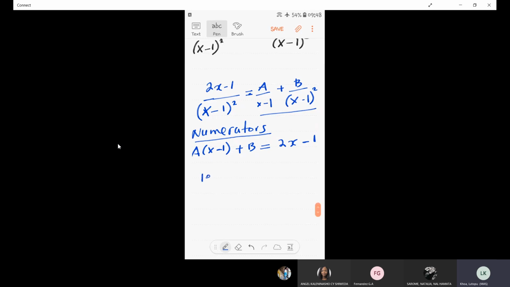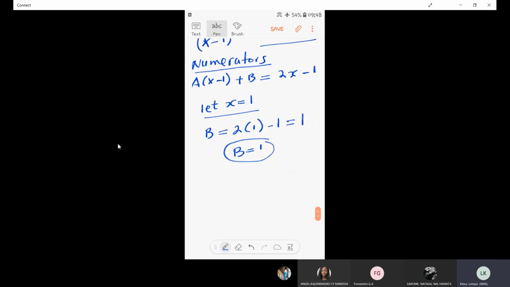So let x equal to 1. Then b is equal to 2 times 1 minus 1, which is just equal to 1. So b is equal to 1. That is the first one.